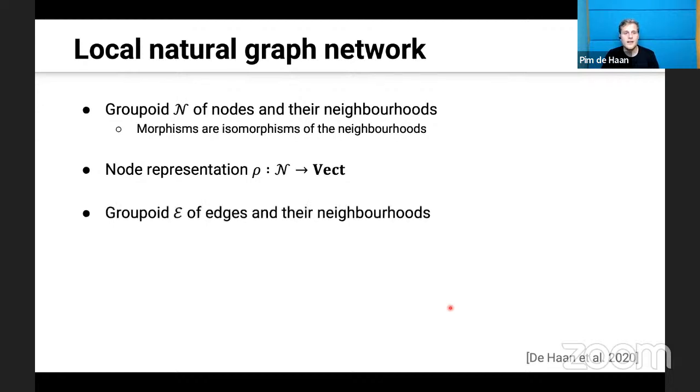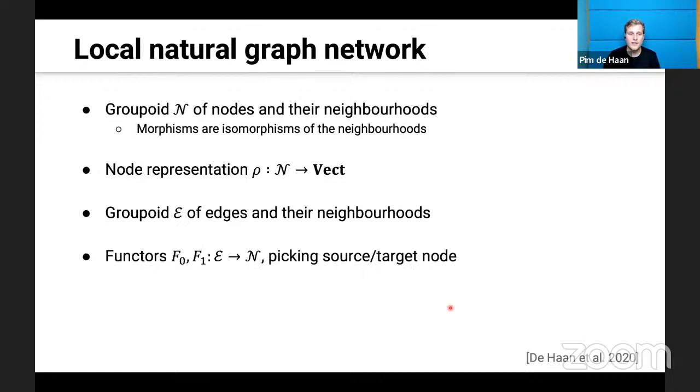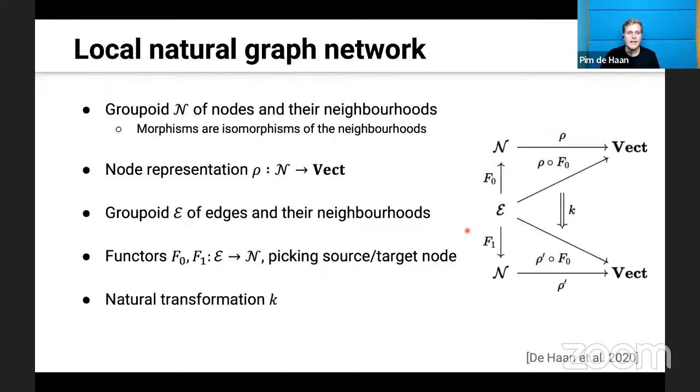Similarly, we define a groupoid of edges and their neighborhoods, and then can define two functors from a groupoid of edges to a groupoid of nodes, corresponding to picking the source or target of the edge. And then we can compose these functors, so we can create a functor from edges, picking the source node, and then the representation to get a functor from the edges to the vector spaces.